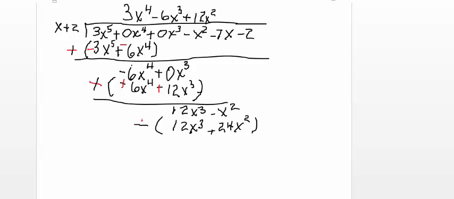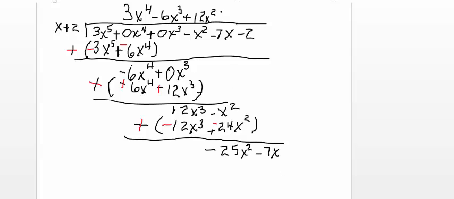I subtract and then change that to an addition by changing not only the subtraction to addition, but the signs of what was subtracted to the opposite. And now I add to get negative 25x squared.